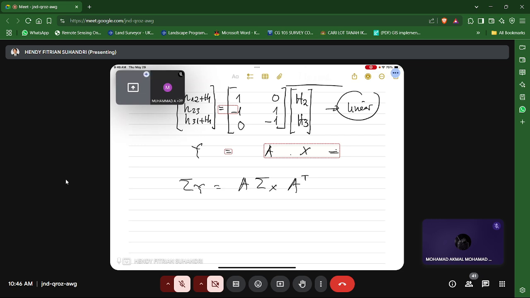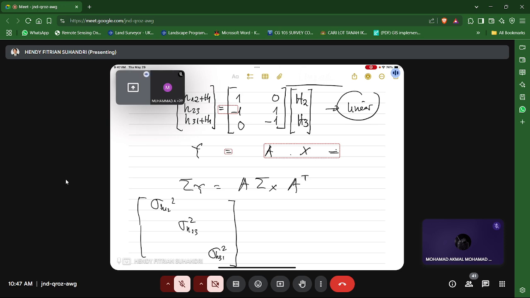A is this matrix, and sigma y will be sigma of H12, H23, H31, just for notation.